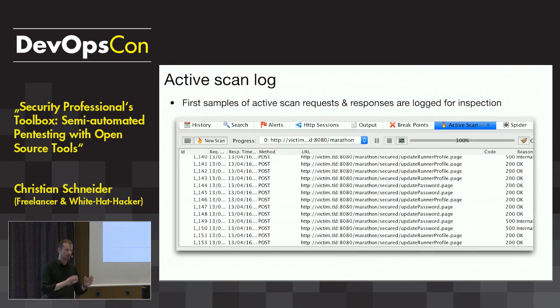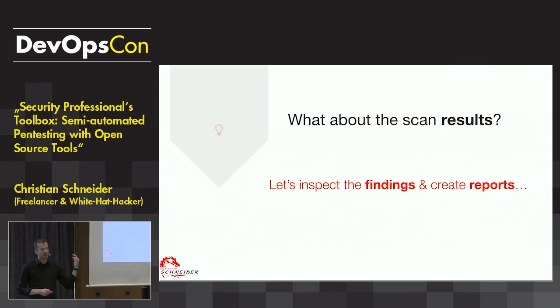And you will experience, only on a test system where you have explicit permission, otherwise you might get into trouble, lots of requests, and the first few thousand will be shown in great detail for you to inspect, to see whether the scan started out well. After that, just to not blow up the memory, it will only log the concrete findings. After a while, you will get some results, which you can inspect or create a report from to use later on.